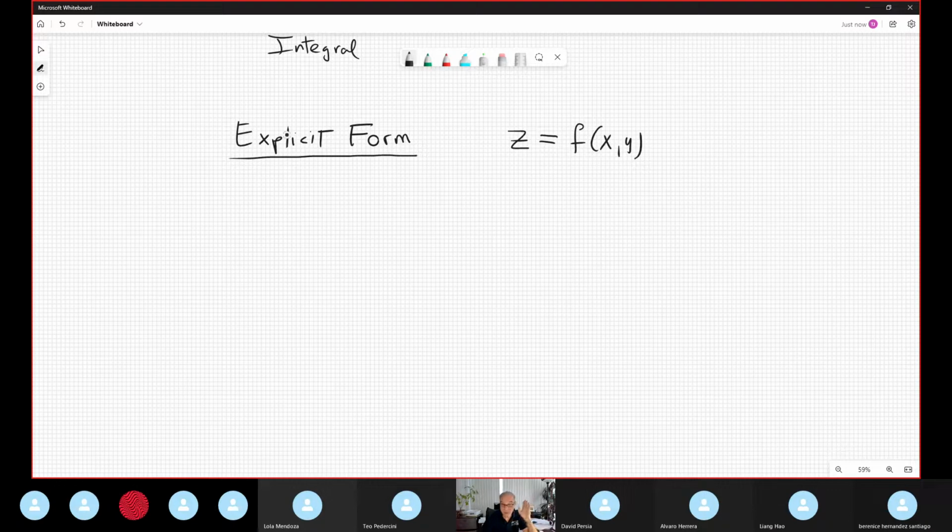Suppose we have, for example, an ellipsoid, or suppose you have, not an ellipsoid, which is more complicated, but a paraboloid. You see? It is expressed in explicit form. Explicit in mathematics means that you isolate, in this case, the dependent variable z. Remember in single variable, y equal f of x is explicit form. However, f(x, y, z) equal 0 is implicit. Implicit, not explicit.